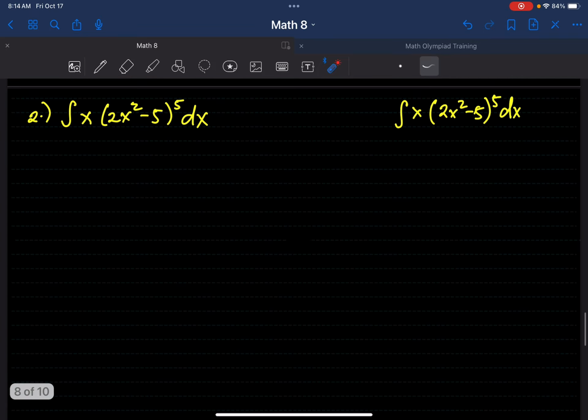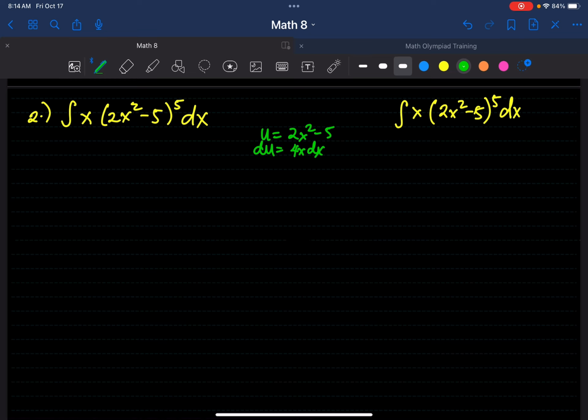Number 2. What is the integral of x times 2x squared minus 5 quantity raised to 5 with respect to x? So first thing to do, determine what is u. U in the function is 2x squared minus 5, this one. And the derivative of u is 4x dx.